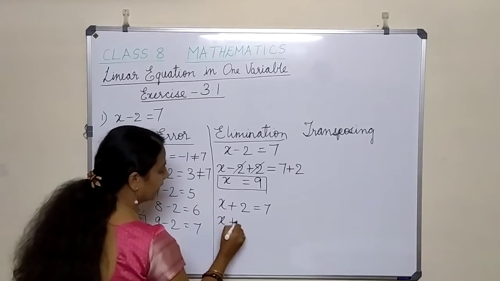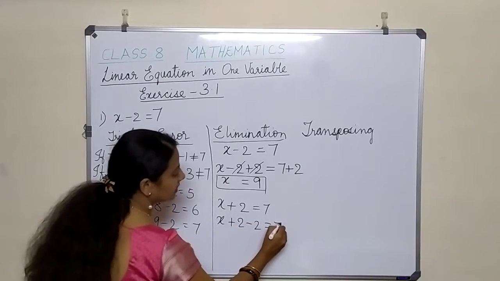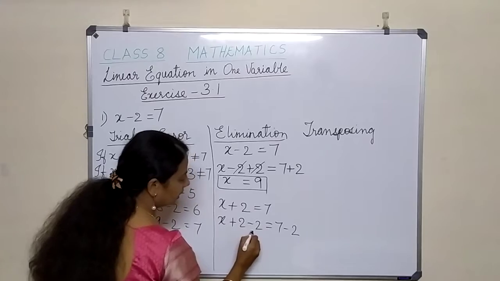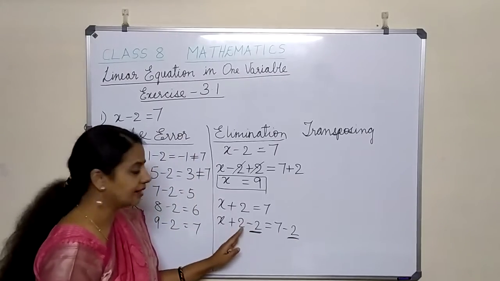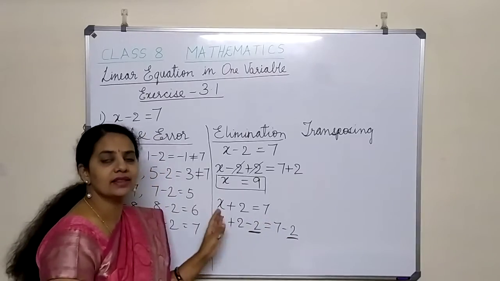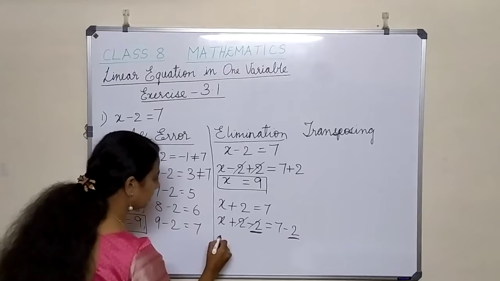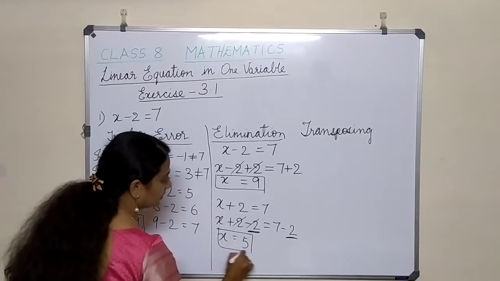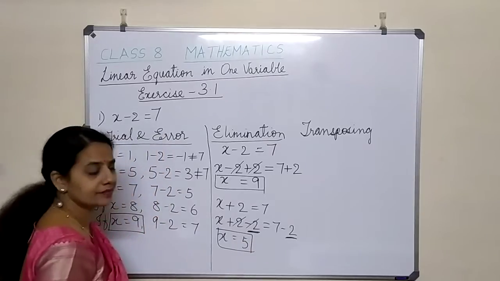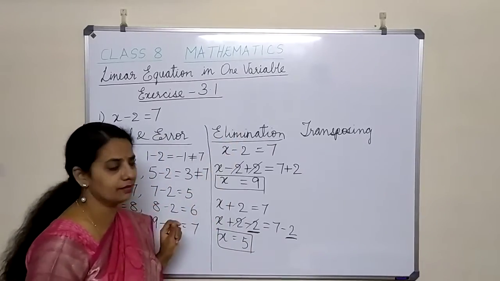So that is x plus 2 minus 2 on both sides. 7 minus 2. Look at this, minus 2 and minus 2. If I add minus 2 on both sides, then the value will not change. So this again I can cancel. X becomes 5. 7 minus 2 is 5. So this is how we do it using this elimination method.